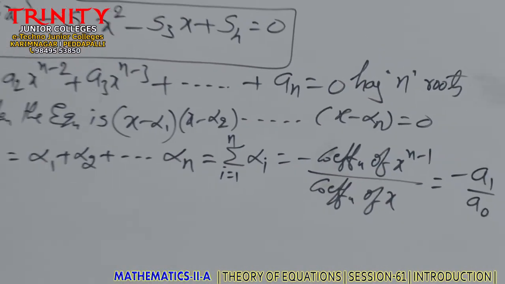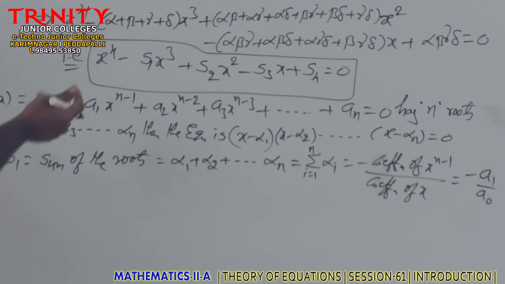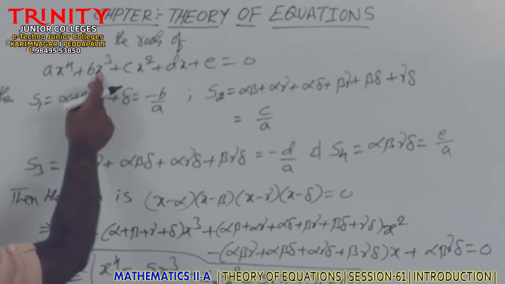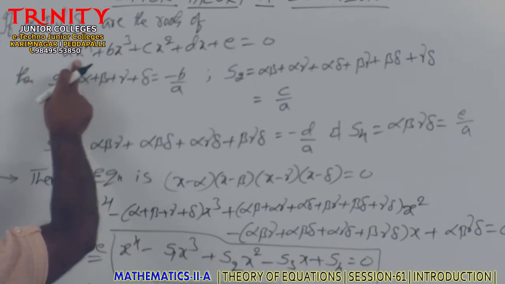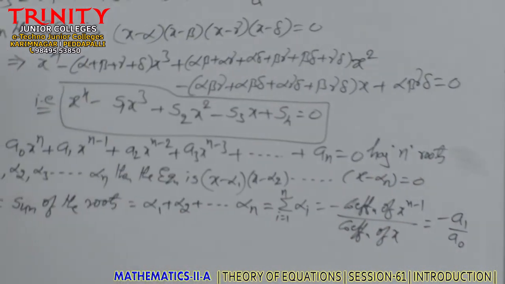That is what we expressed here: x power n minus 1 coefficient by x power n coefficient. In the cubic, the x square coefficient by the x cube coefficient was minus b by a, that is nothing but here minus a1 by a0.